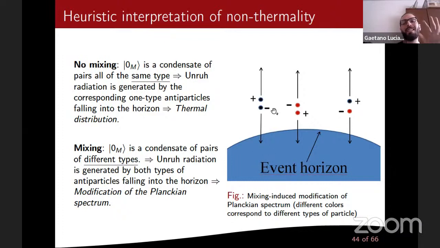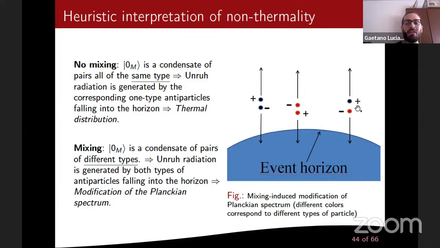In the standard case, with no mixing, Unruh radiation is generated by only one type of antiparticle falling into the event horizon. So you have just one type of particle which makes up the Unruh thermal radiation.